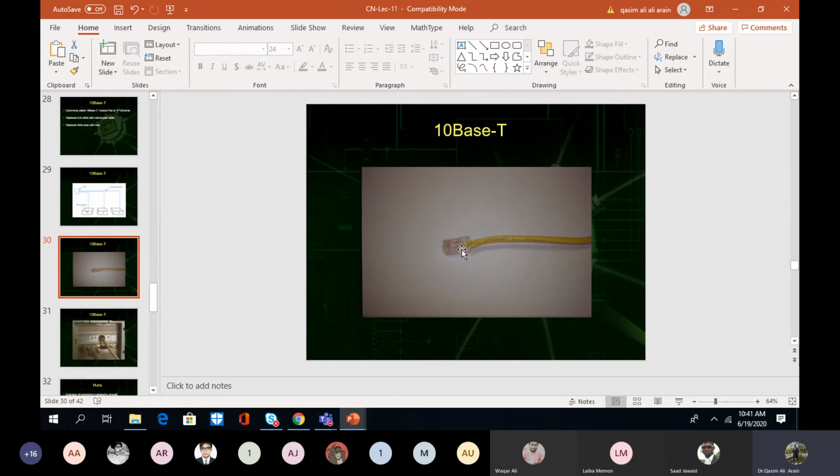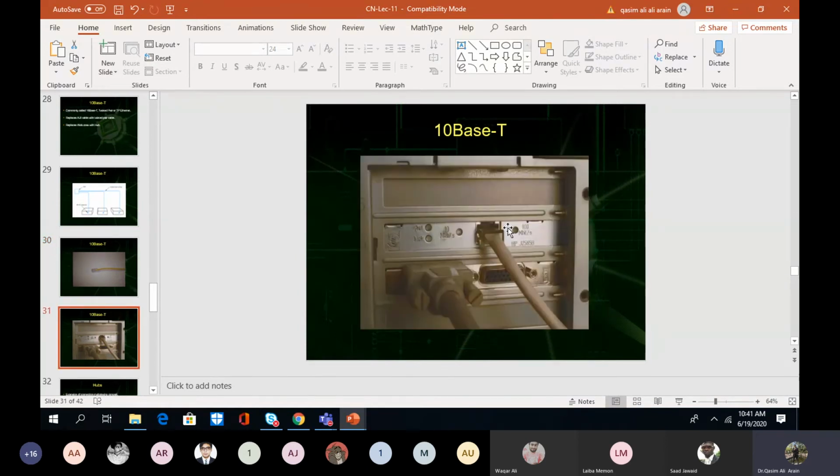This is your RJ45 connector and it is punched with this particular cable, and finally you can see in this particular diagram this is your RJ45 jack, जो almost आपके पास आपके लैपटॉप्स में भी होता है. ठीक है, because you have to insert your RJ45 connector into that particular jack. ठीक है जी, तो this is how it would look like, and this is how you are going to insert or put that particular connector inside a particular jack. ठीक है जी, तो is that clear to all of you?